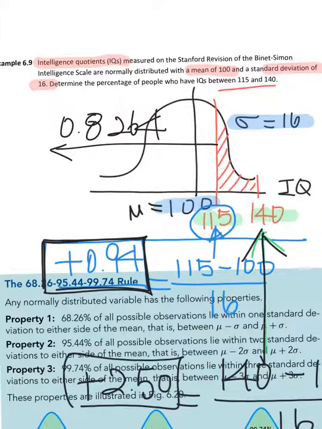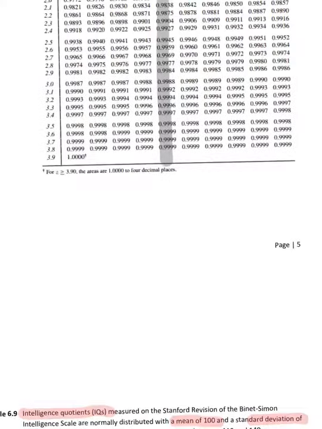to the left, up to a z-score positive 0.94. We have to take the other one, at 2.50. So let me go to the z-table again.